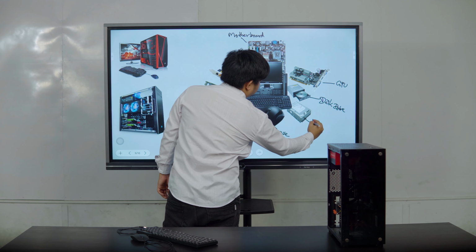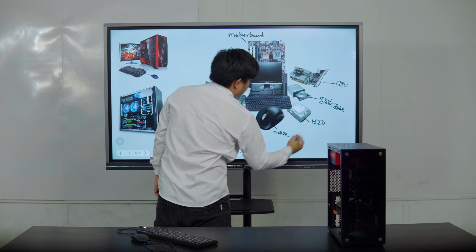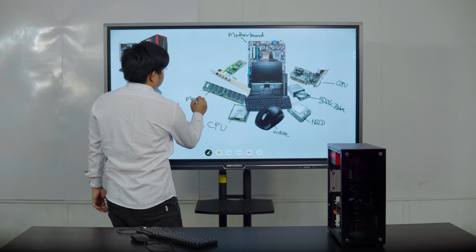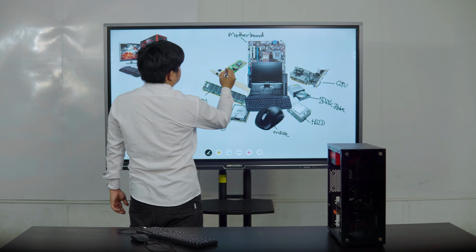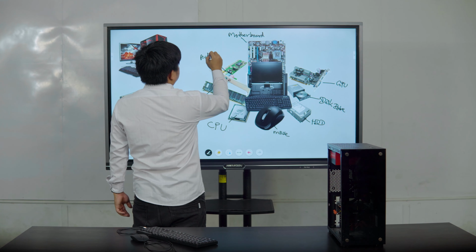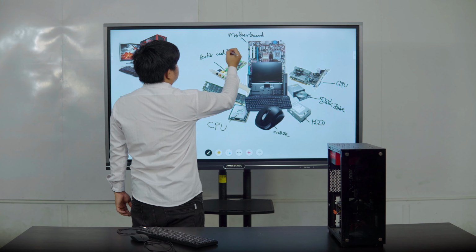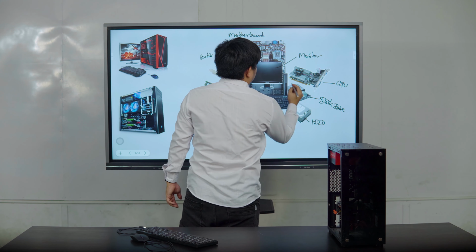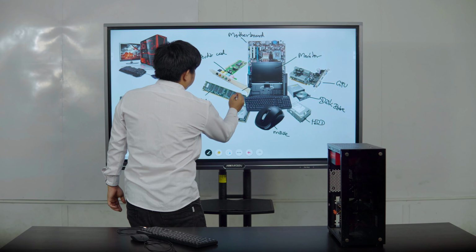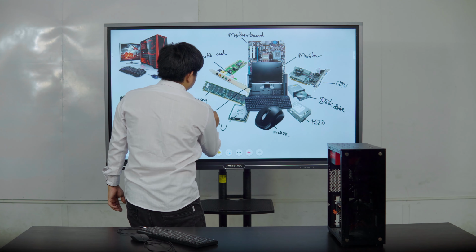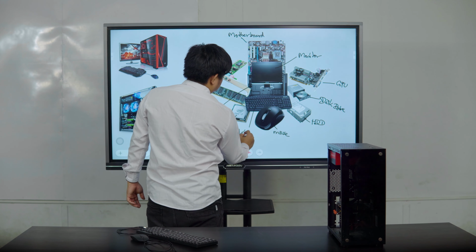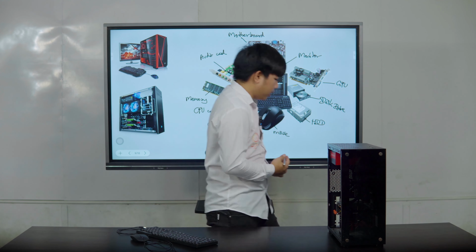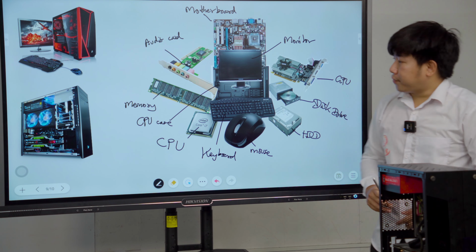This is a hard disk drive, HDD. This is a CPU. This is a memory. And this is an audio card, we're not going to learn about this. And here's a monitor. Behind here is actually the CPU case, keyboard. So these are the names of the different components.